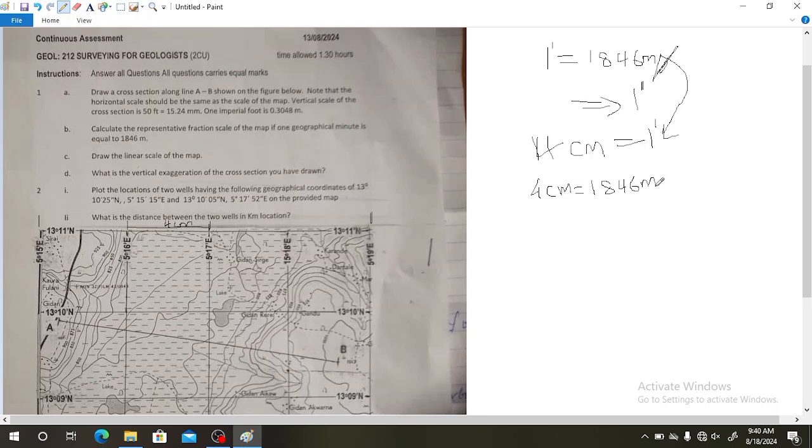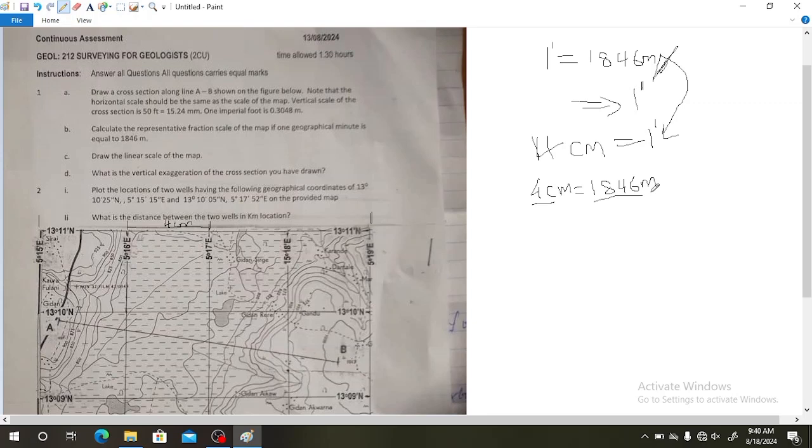And as I told you earlier, before you get your fractional scale, the value on the left hand side must have the same units as the value on the right hand side. Looking at this one, the value on our left hand side is in centimeter, whereas the one on the right hand side is in meters.